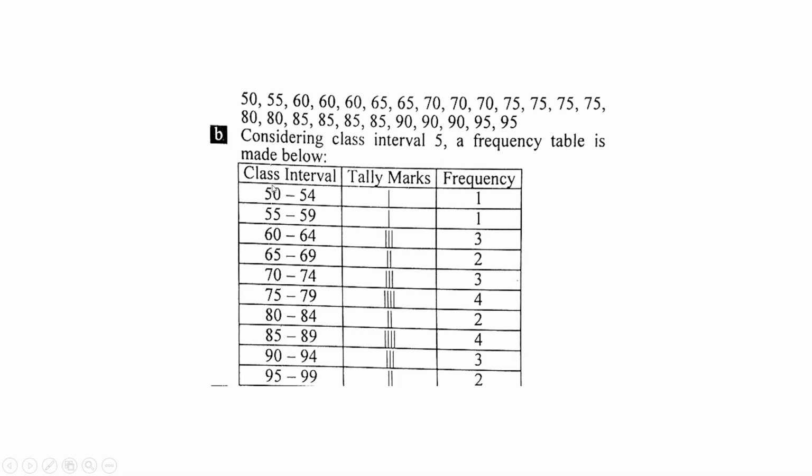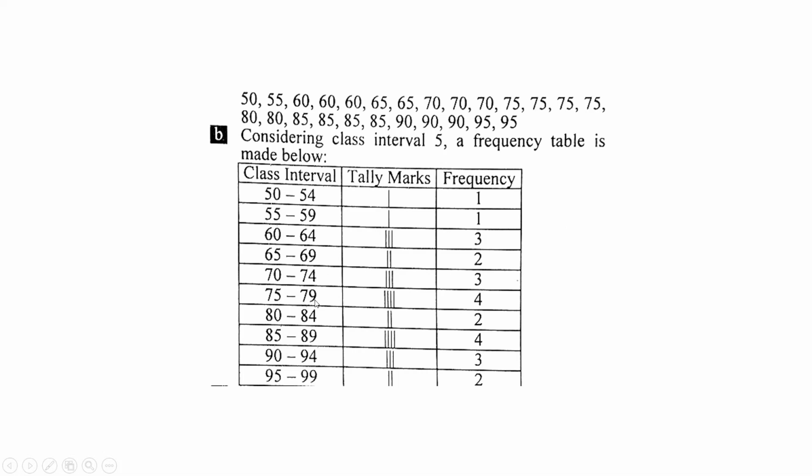See, 50 to 54, only one number here, so that makes 1 tally mark. From 55 to 59, there is also only one number, that is 55. From 60 to 64, there are 3 numbers, so I put 3 tally marks.